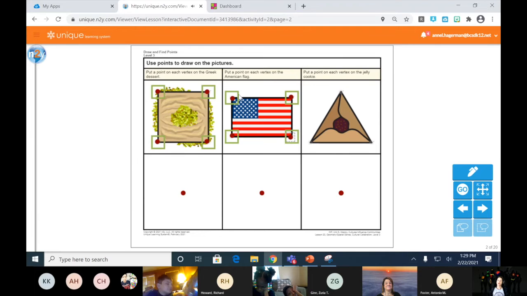So the American flag also has 4 vertices with points in them. Next one says, put a point on each vertex on the jelly cookie. All right, here's a jelly cookie. Let's see how many points we need to put on these vertices. 1, 2, 3. Good job.